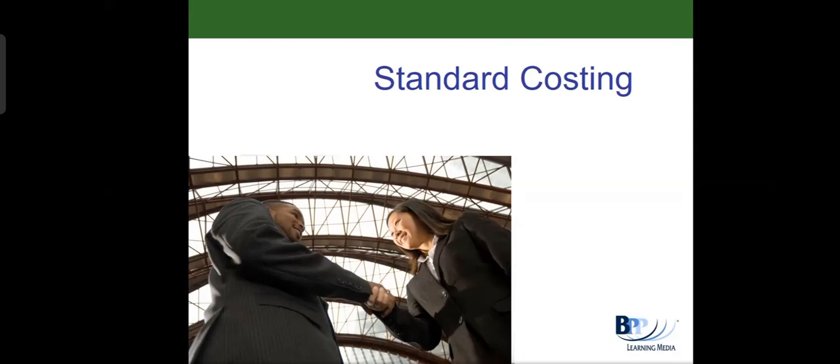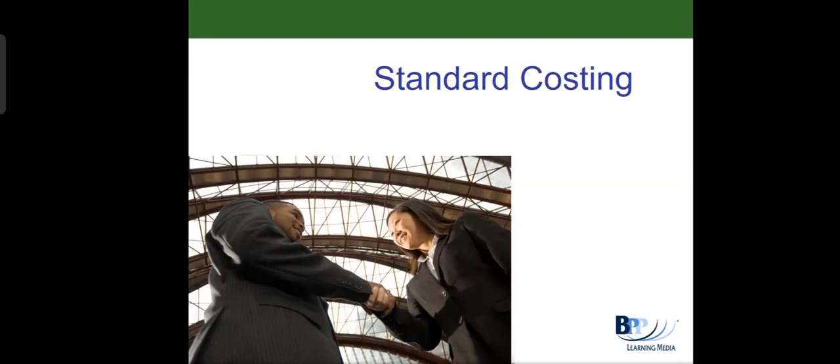We say 2 standard labor hours, which means each table will need 2 hours. It will not happen that one table needs 2 hours and another needs 3 hours. No, because these tables are the same. So all tables will need 2 hours each, and 2 meters of wood each. So standard material plus standard labor plus standard overhead gives you the standard cost of making one standard unit of output.